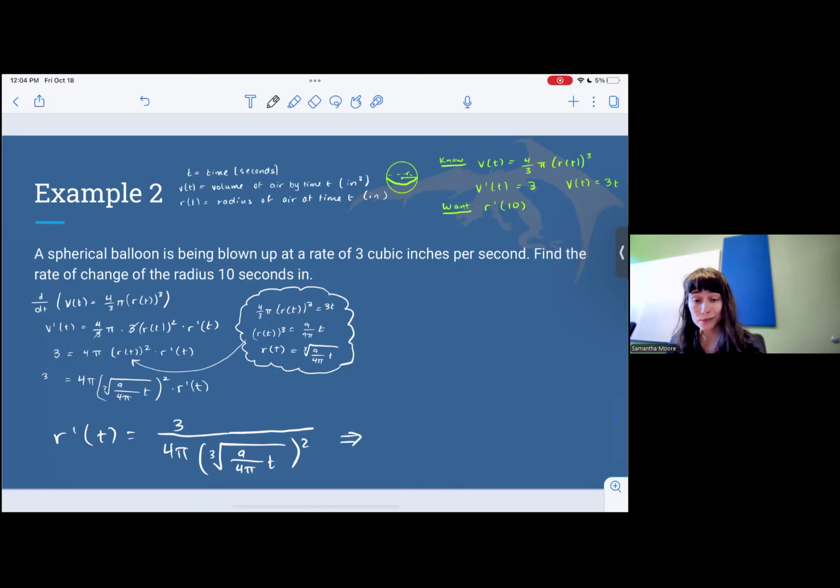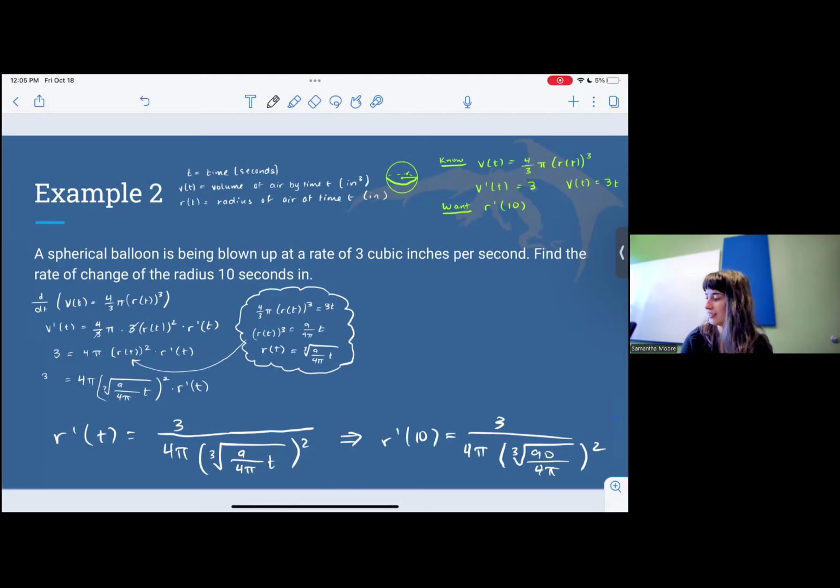So that just means we need to plug in 10 to this. So r prime at 10 is going to be 3 over 4 pi times the cube root of 90 over 4 pi, plugging in t being 10, squared. All right, and that is what we were asked to find, the rate of change of our radius when t equals 10.